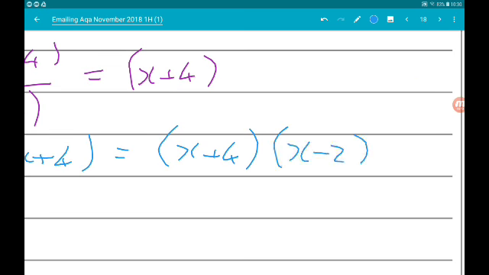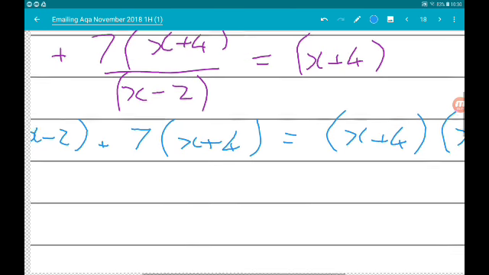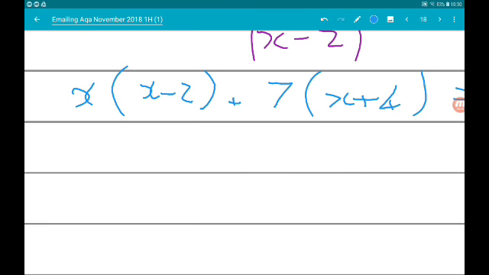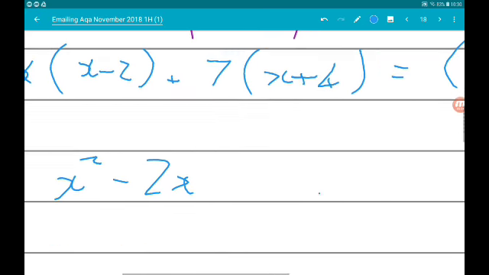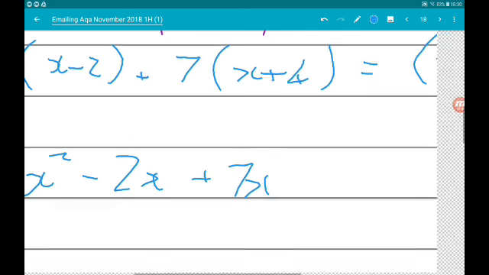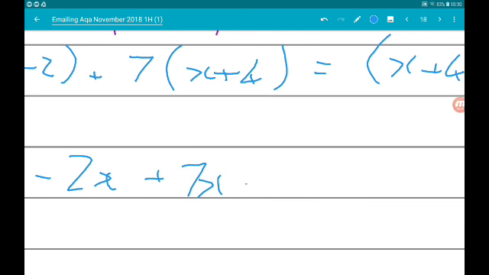Cool. So that's got rid of the fractions. Now we're going to get rid of the brackets. So x times x minus 2 is x squared minus 2x. And then we got add 7 times x. So let's add 7x. 7 times 4 gives us add 28.